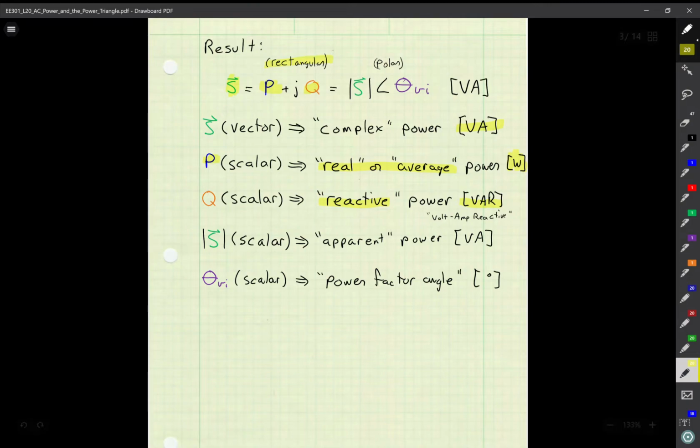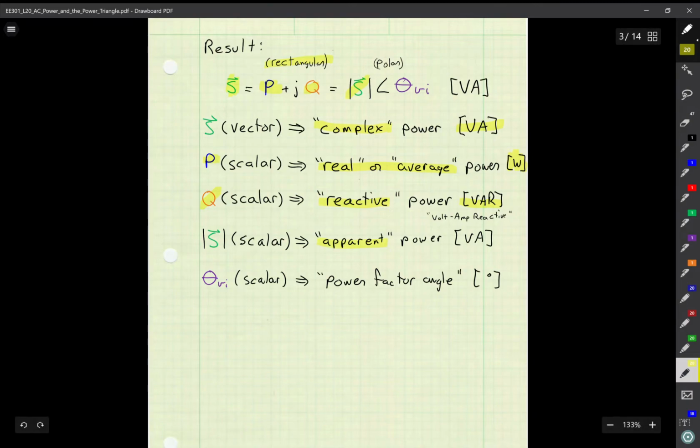This scalar value Q is the component of my complex power that represents my inductors and capacitors, power that's shifting around between releasing and storing, and so forth. That's Q. In the polar coordinate system, the magnitude of my complex power vector is called apparent power.